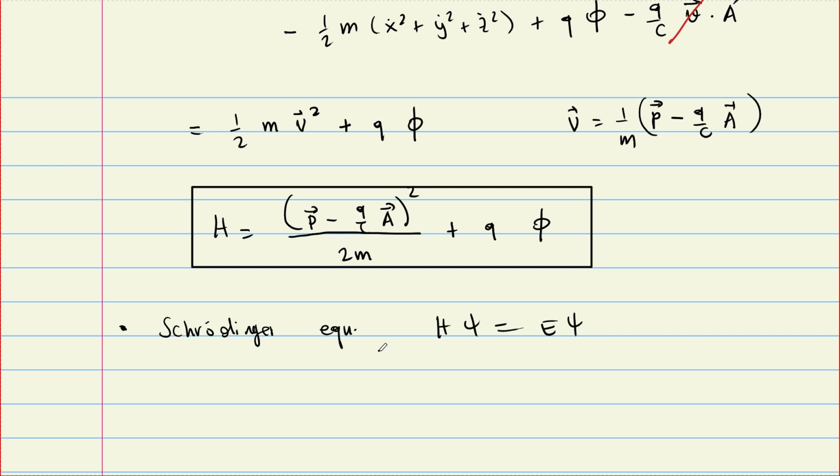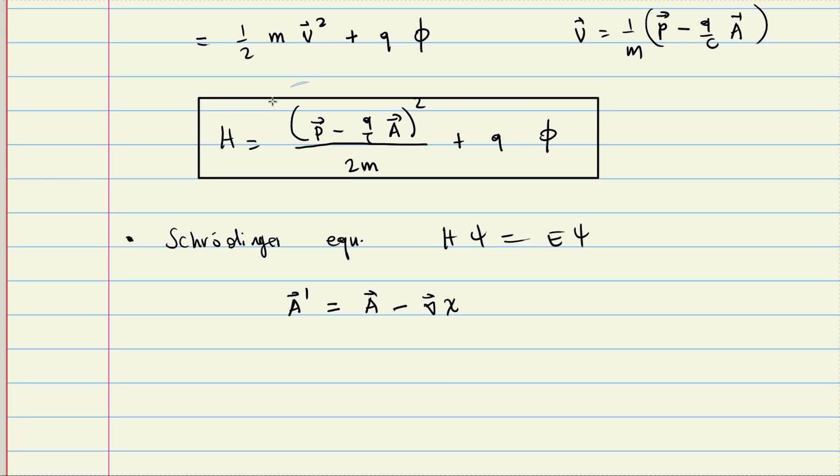I want to take A to A prime is equal to A plus gradient chi, and for the moment let's only consider the gauge invariance with vector potential. I think the gauge invariance with scalar potential is trivial, and it can be done as an exercise. Let me just consider this chi gauge transformation.